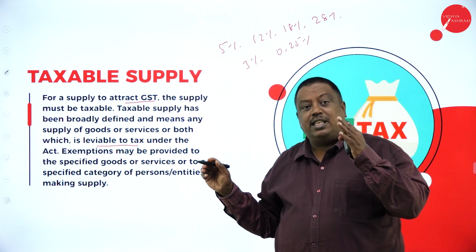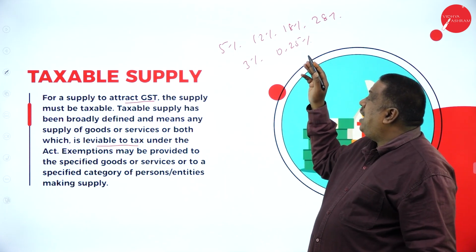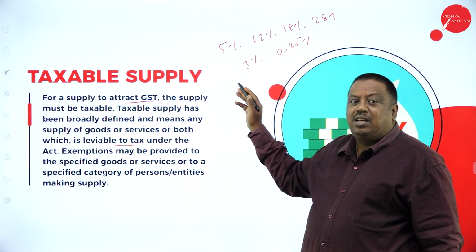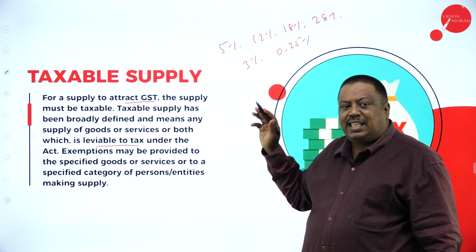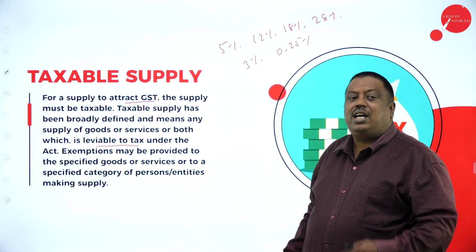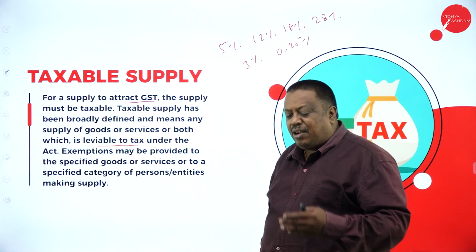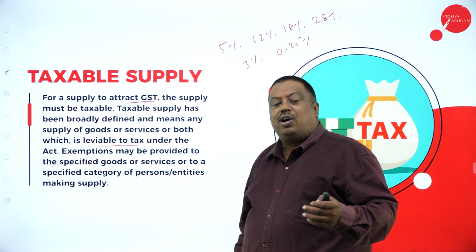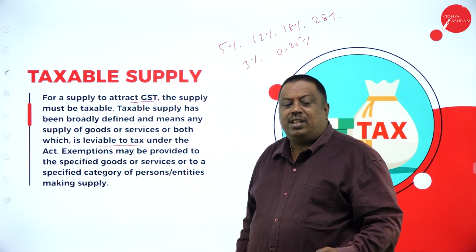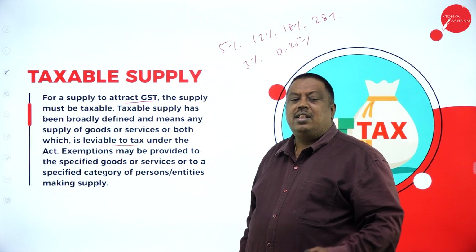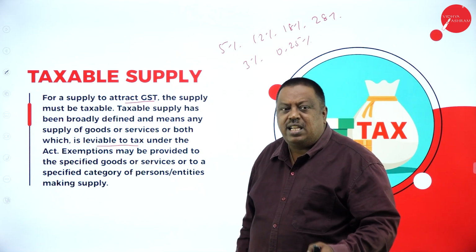If any supply is made and it comes under the bracket of GST norms, then it is called a taxable supply. And if we are not charging any tax on certain goods, for example alcohol served for human consumption, that cannot be treated under GST.